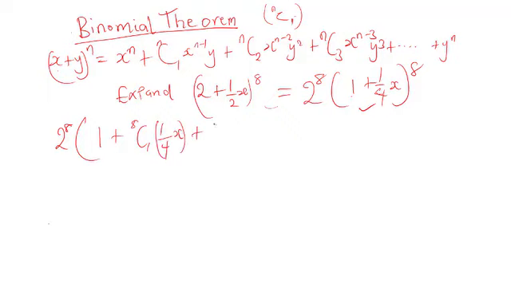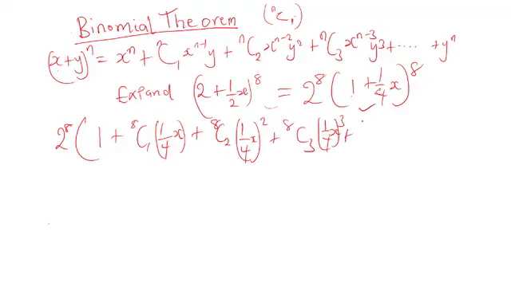Plus 8 combination 2. Our x is still 1, so 1 raised to power anything will give you 1, while the value of our y is 1 over 4x, raised to power 2. The next one is 8 combination 3, then 1 over 4x raised to the power 3.